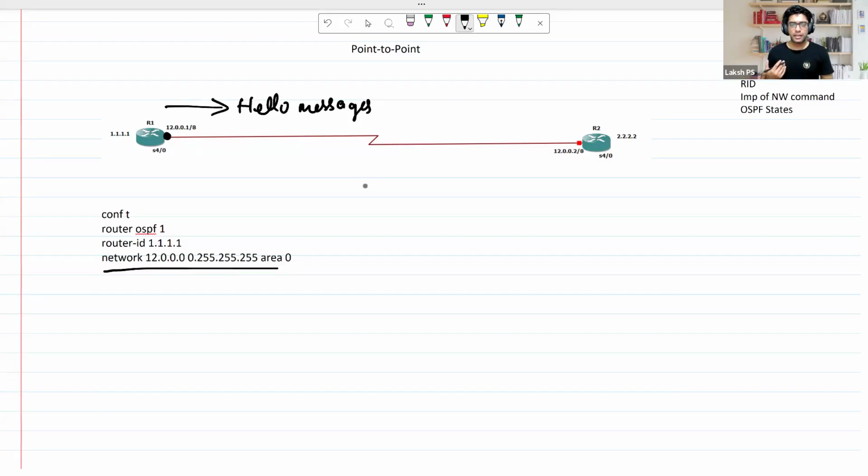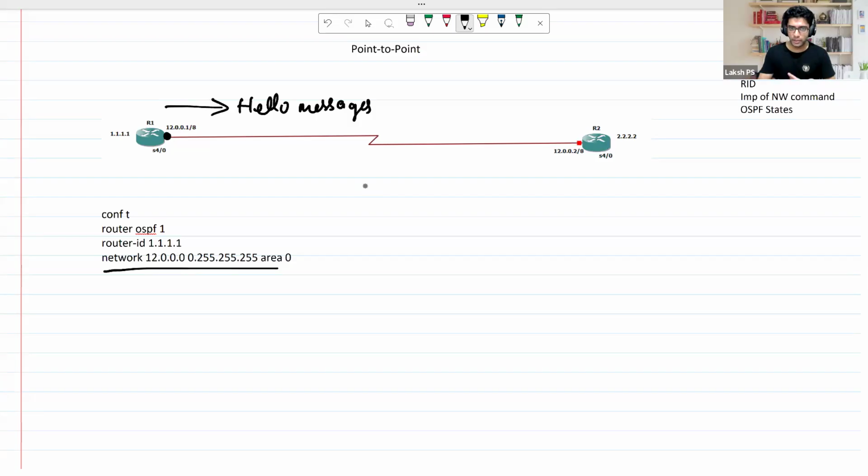Hello message is nothing but introducing yourself, saying that, hi, my name is this. I live in this address. And basically a router is introducing itself by sending a hello.